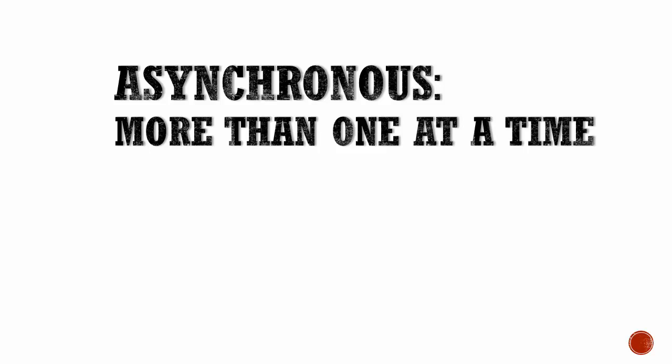Yet there are things like click events, or you can go off and get data in JavaScript and get it back, where you have callback functions that run when that event is complete, when that action is complete. So since JavaScript is synchronous, how is it handling those asynchronous events?